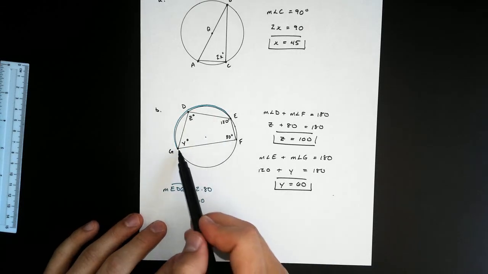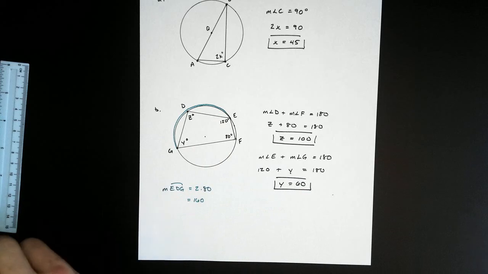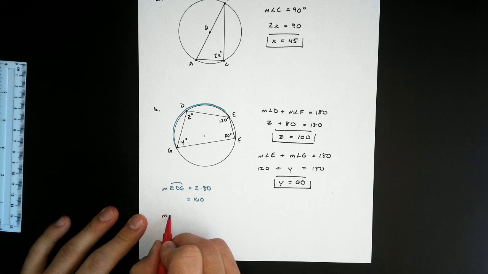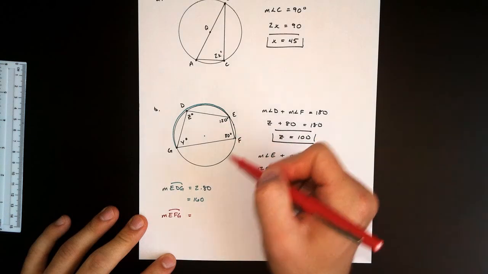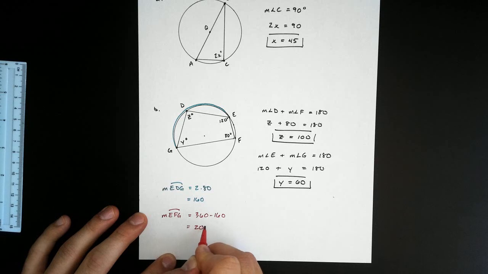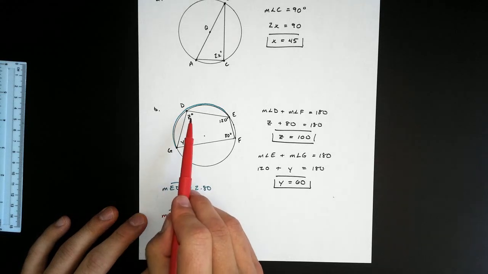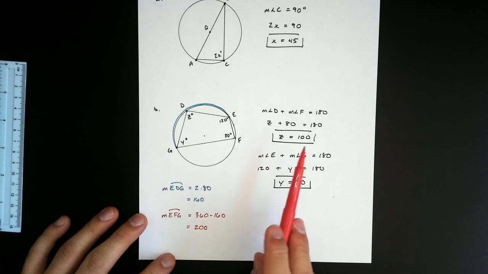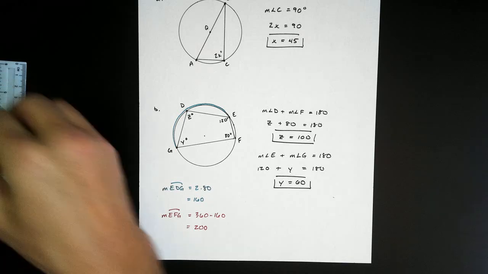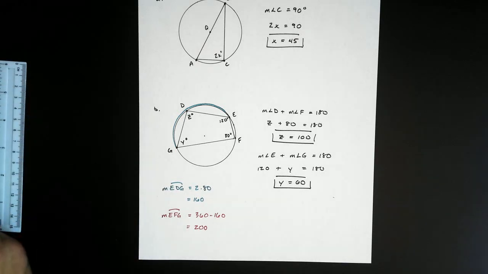If that's 160, the rest of the circle has to be 360 minus that. So the measure of arc EFG, so from E to F to G, 360 minus 160 is 200. So that means the measure of angle D is half of that, which is 100. So again, we can use our inscribed angle theorem, but we use that to discuss our new theorem about the inscribed quadrilaterals. So the opposite angles have to be supplements.